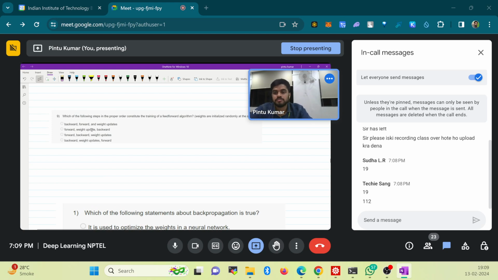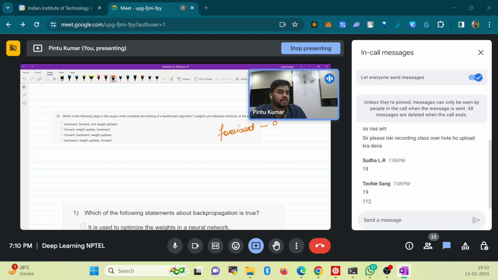So the question is, which of the following steps in proper order constitute the training of a feed-forward neural network? This is what I just discussed. Can you please tell me what should be the proper order in which one should learn from a neural network? Should he do a backward pass first or a forward pass first, or should he update his weights first? So the first step that he should do is a forward pass. Why?